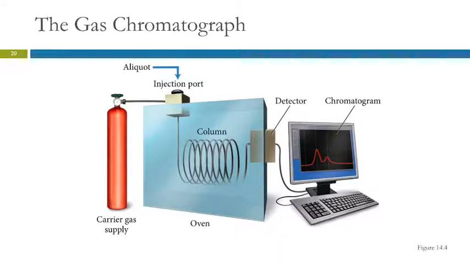And so what you'll see is a series of peaks as they come off the column. And so you can measure the area under the peak, and that correlates to the concentration of that substance. So you can take actually a very small aliquot from your reaction mixture, inject it in the gas chromatograph, and get some results fairly quickly.